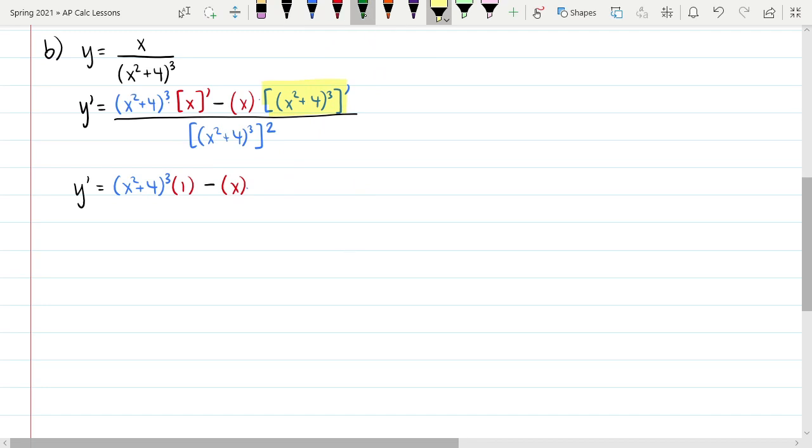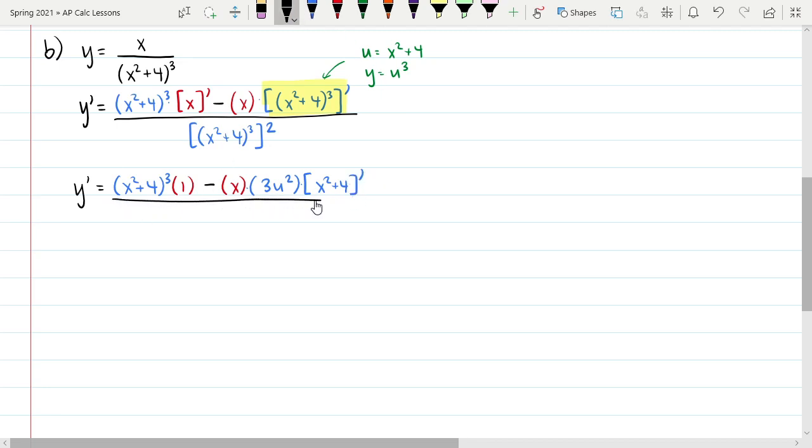We should be recognizing that that is going to require the chain rule. My u is x squared plus 4, and my y is u to the third. So the derivative then of x squared plus 4 to the third power is going to be 3u to the second times the derivative of x squared plus 4.